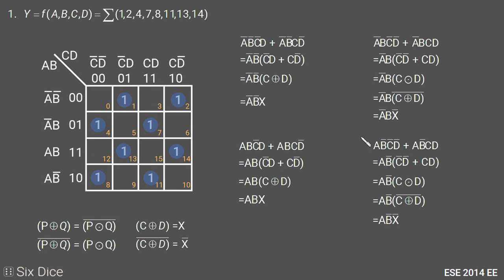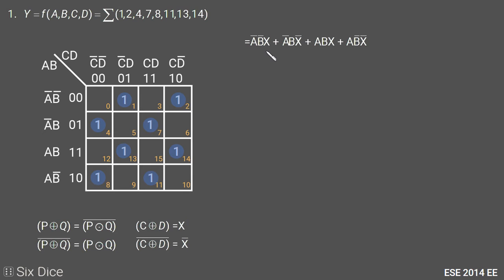So we have four terms now, and we will sum all of them together to find a further minimized expression for the given K-map. If we look carefully, we take x common from the first and third terms and x bar common from the second and fourth terms.